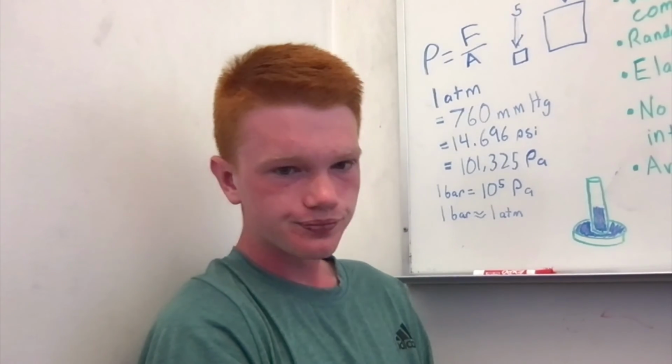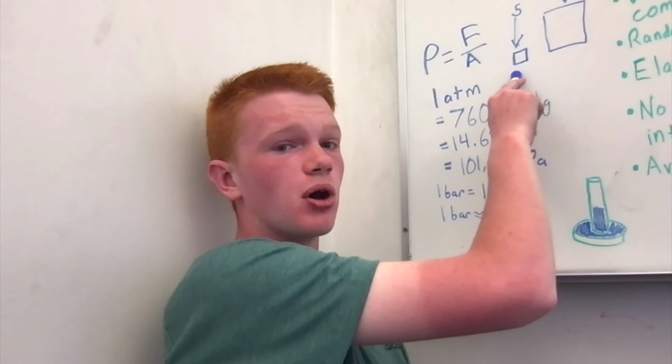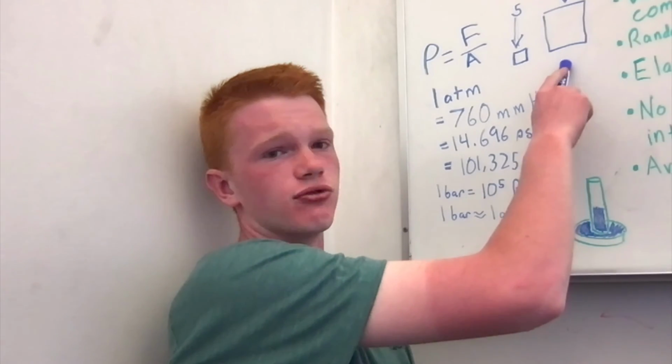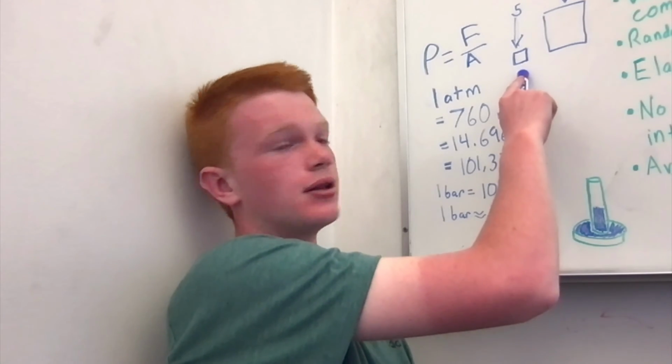So this one has a lot more pressure on it because each spot on the square has to support a lot more force than here, because the force is more evenly spread out. So this has a lot more pressure than this one, even though the same force is applied to it.